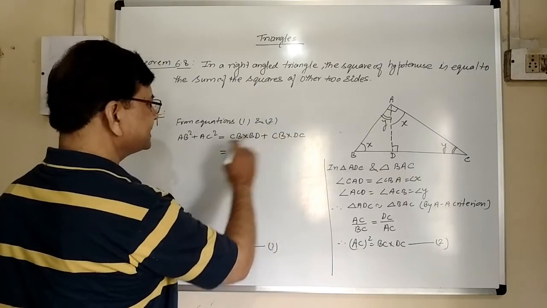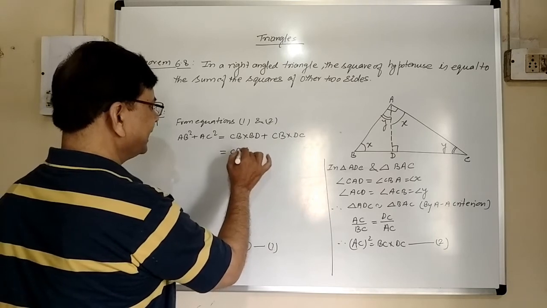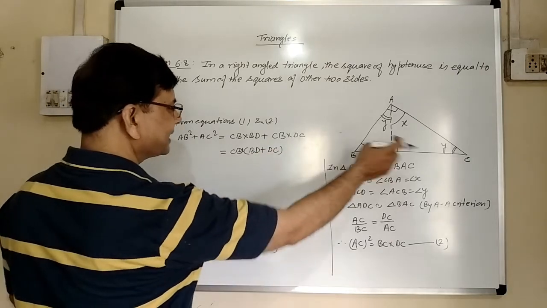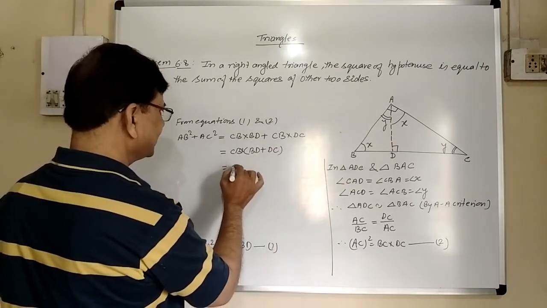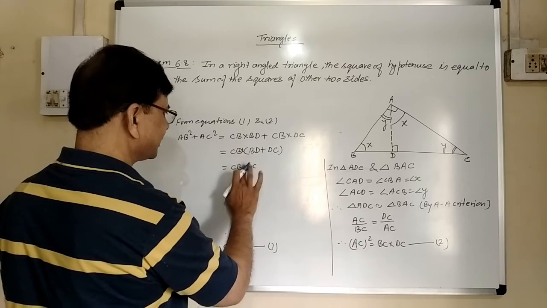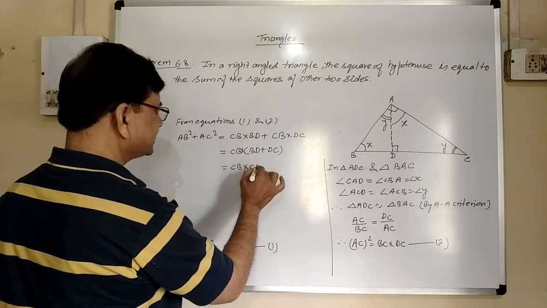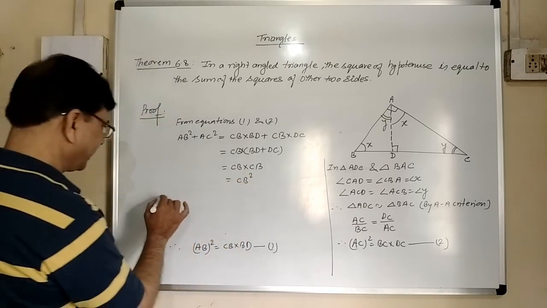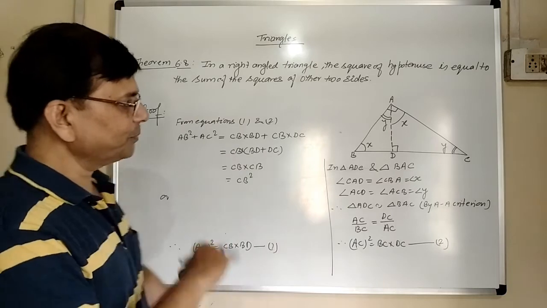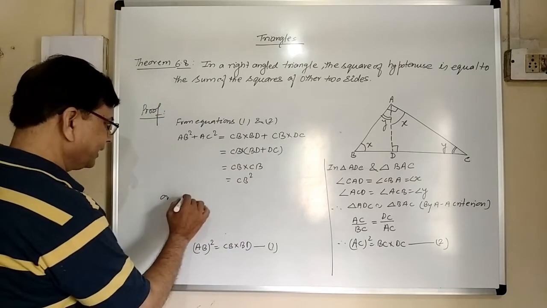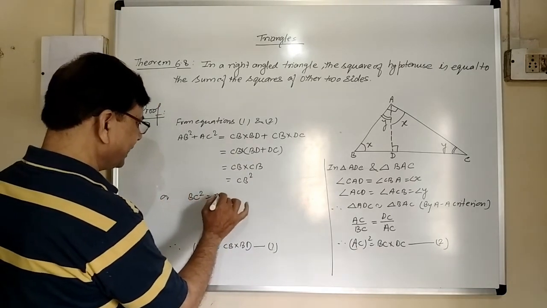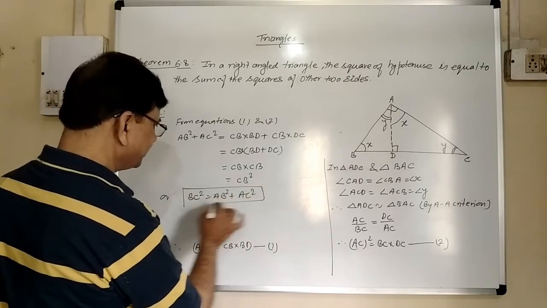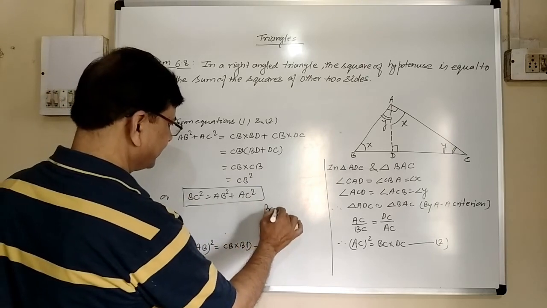From these two we will take CB common. We will get BD plus DC, and BD plus DC is BC. So CB into CB is equal to CB square. In the form of what was to be proved, BC square is equal to AB square plus AC square, that was to be proved.